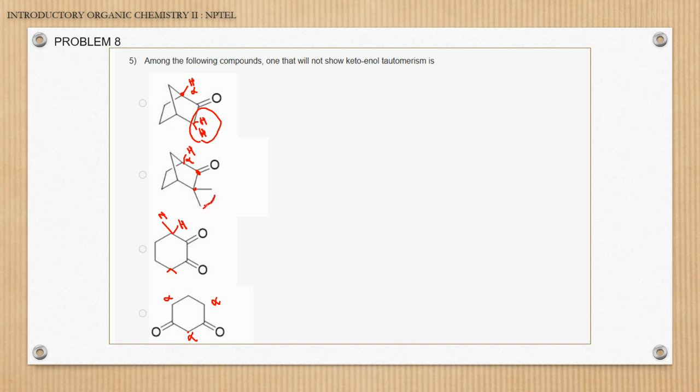This is the main difference between options A and B. So guys, what will happen in option B? Here, if you take this proton and go for keto-enol tautomerism, then you will generate a double bond at this position, right? So this is the bridgehead carbon.